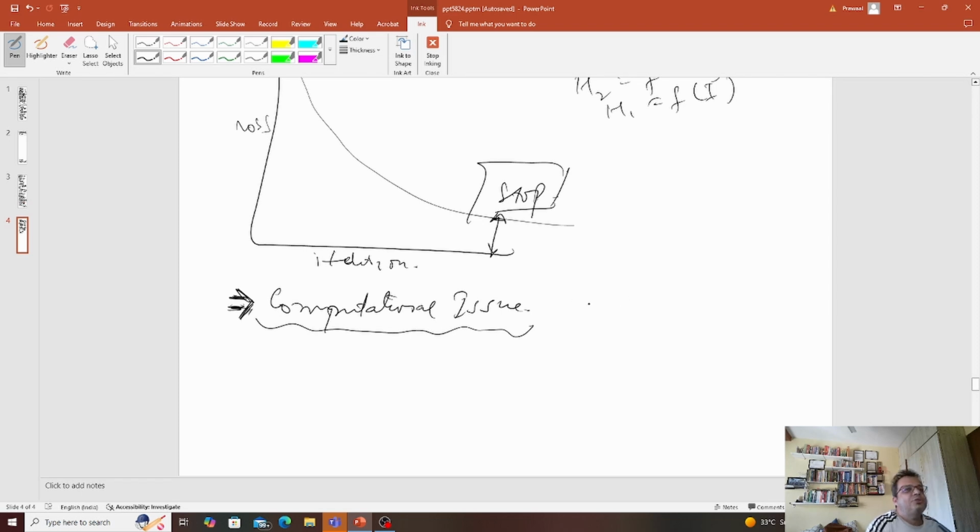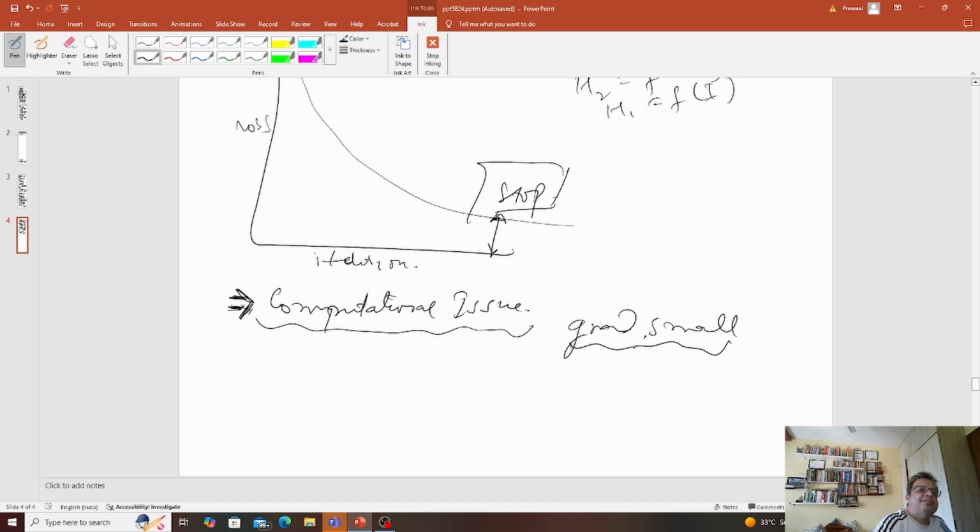So one issue is we saw that there is a chain rule. From your output to your hidden nth layer to your hidden n-1th layer, the gradients are going to flow backwards. Now what happens when your gradients become small?